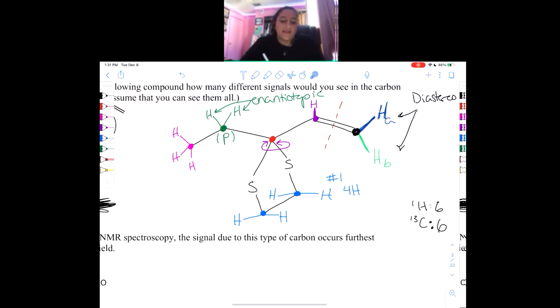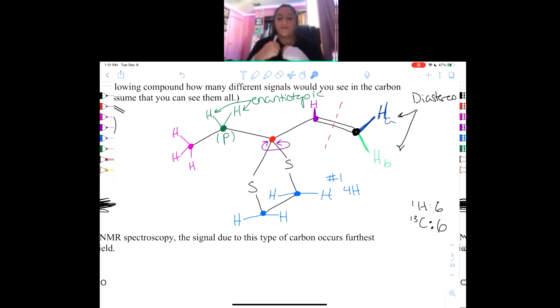It doesn't matter what those two groups are, as long as they are not the same as one another, aka they're not symmetrical. If it has two groups that are not symmetrical and two hydrogens, we can call that diastereotopic, which means that they are two different signals. I know I said it kind of fast, so I can repeat it again if you would like. But does that kind of help?